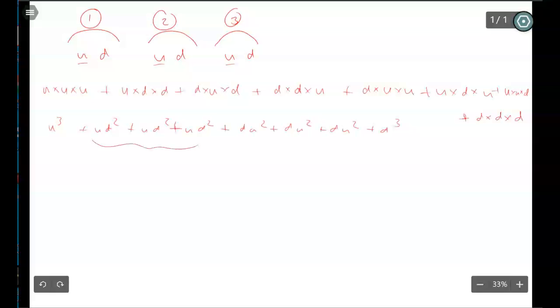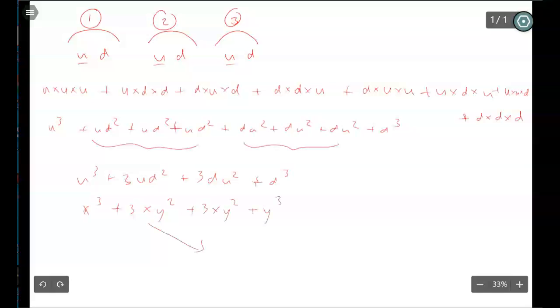Now what if I group these? u cubed plus 3 u d squared plus 3 d u squared plus d cubed. Then I'm going to change my u's and d's to x's and y's. x cubed plus 3 x y squared plus 3 x y squared plus y cubed.